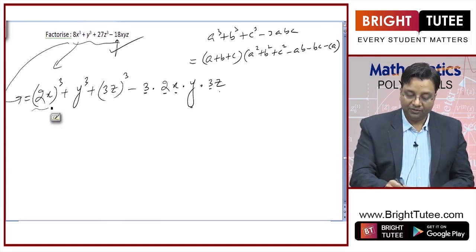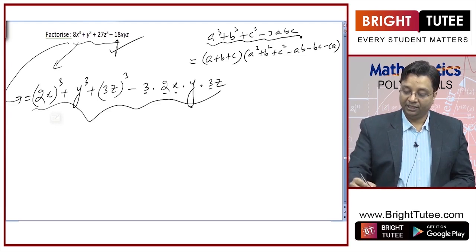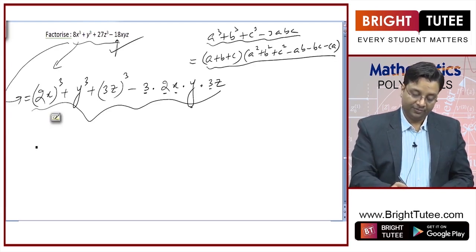And this is of the form of this identity a cube plus b cube plus c cube minus 3abc. So it can be written as this.